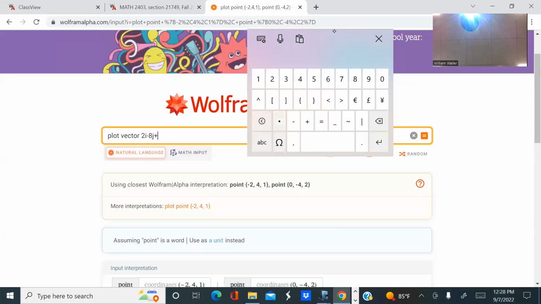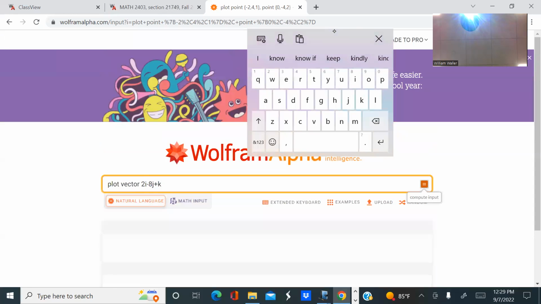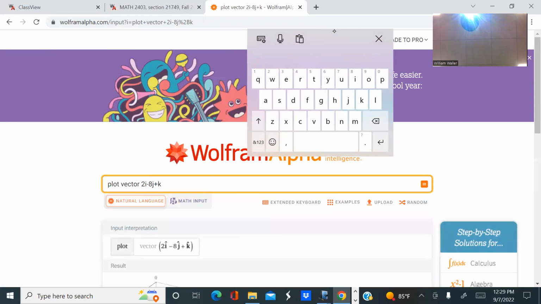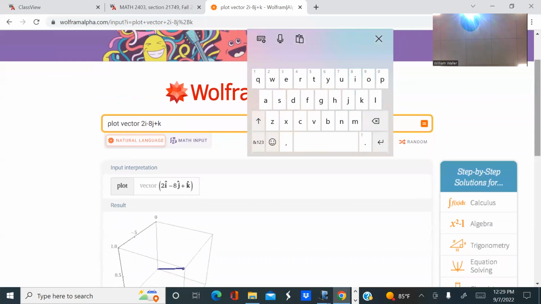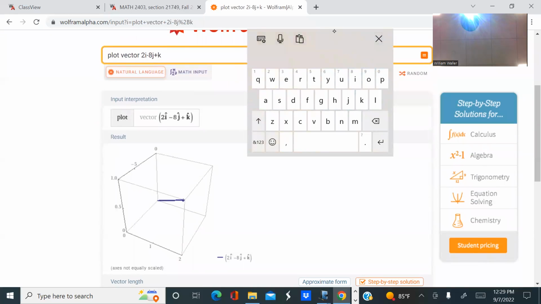Plus k. So just plus k. Let's see if it knows that. Looks like it didn't complain about that at all. Oh, so there's their picture of that vector. So I do see that vector rising. And wow, where are we?